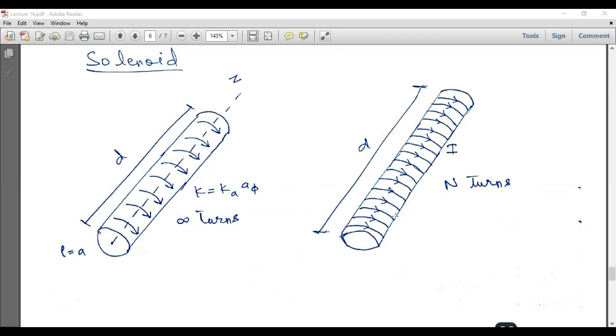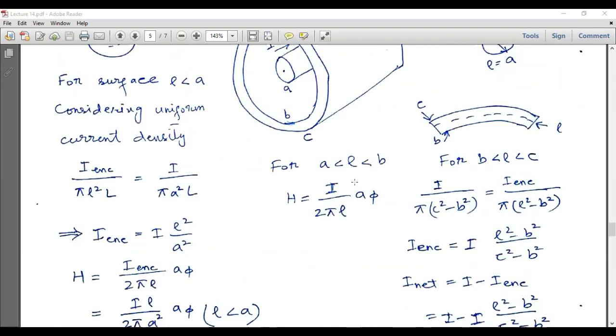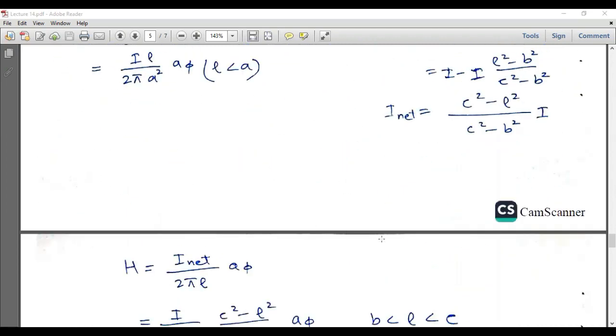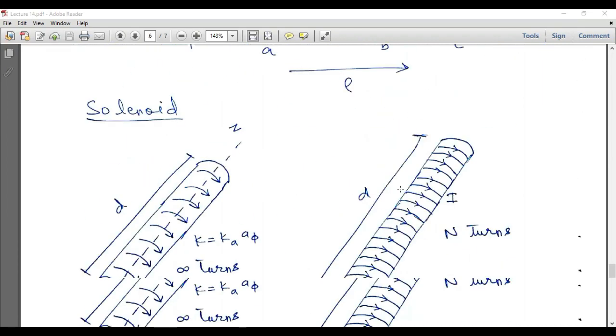Because the current is flowing in the circular direction, the same current flows in one direction and the same current flows in the opposite direction, so the net current is zero. That's why the magnetic field intensity outside the solenoid is equal to zero. That's what we also observed for the coaxial cable, but in the coaxial cable the current was flowing along the length of the cable, while in this case the current is flowing along the phi direction.